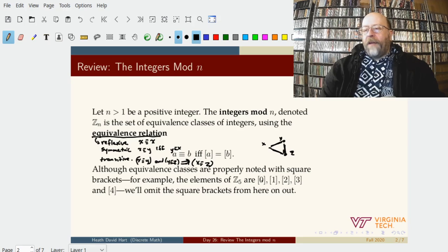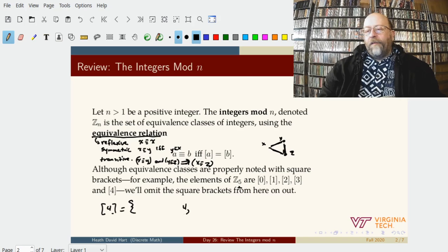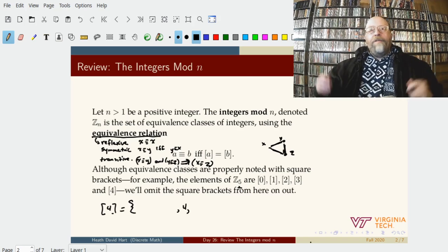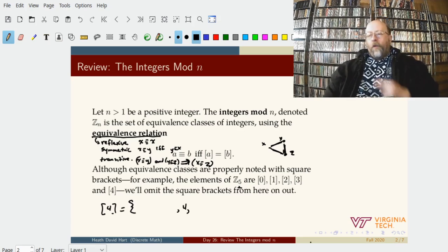Formally, equivalence classes are notated with square brackets, but in practice, we attempt not to write the square brackets unless we have to make a distinction between equivalence classes and numbers. So when we write this bracket around, say, 4, and we're in Z mod 5, we're talking about the set that contains 4, but it contains everything else that's also equivalent to 4 mod 5.